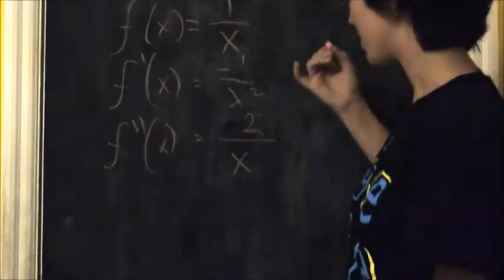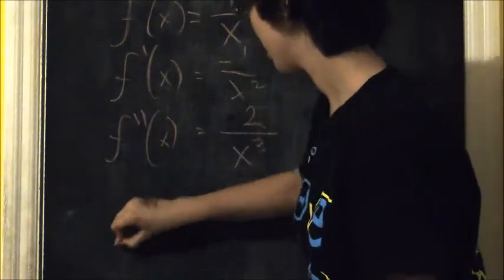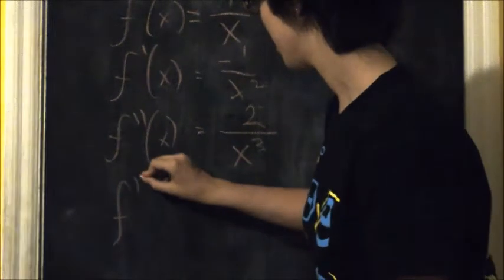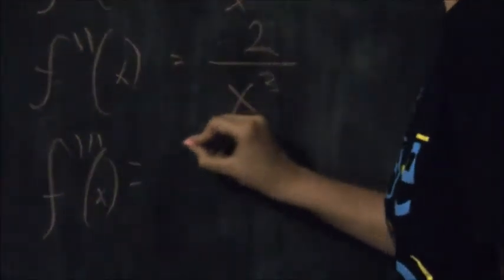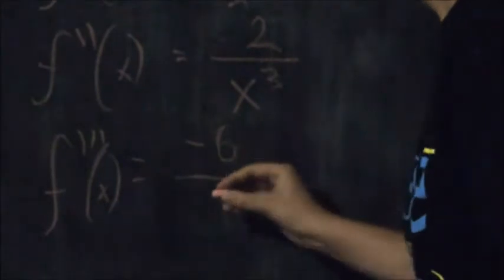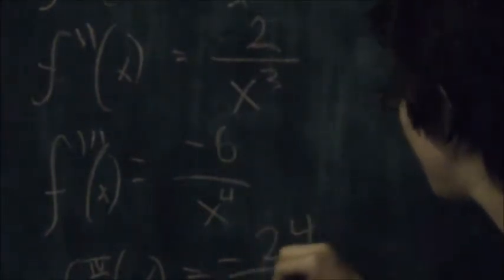So now we have 2 over x to the third. F triple prime, remember you have to write everything out, is negative 6 over x to the fourth, then negative 24 over x to the fifth.